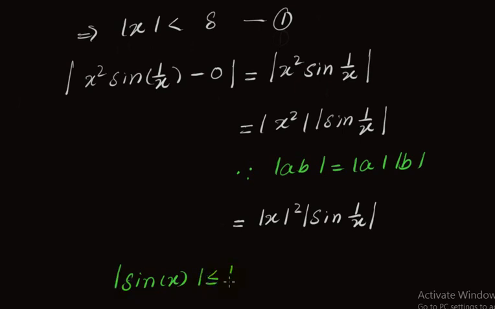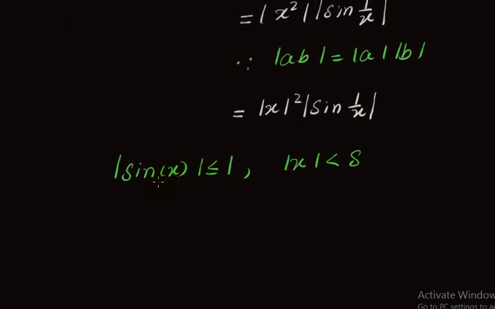Remember, this relation for sine holds for all values, means in place of x we can use any argument, sine x, sine 1 upon x, sine y. So for any argument of sine we have mod of sine x less than or equal to 1.